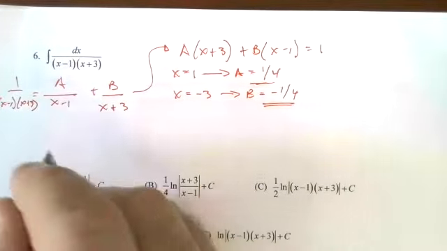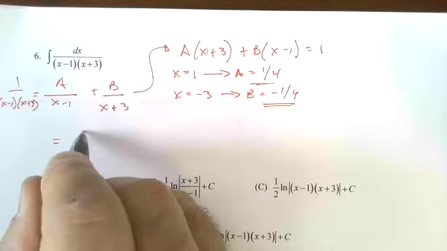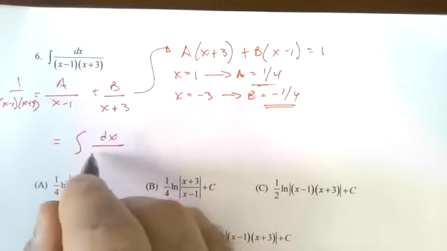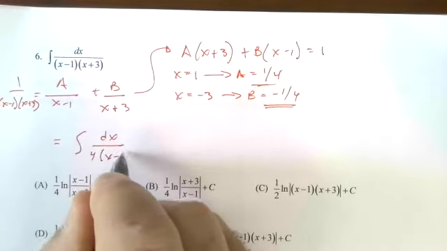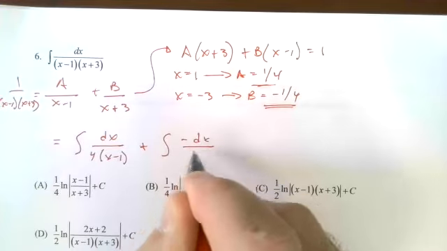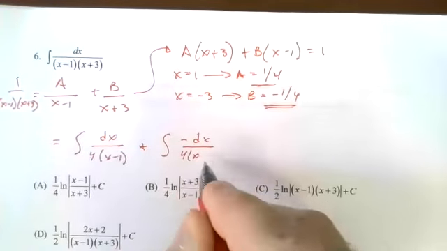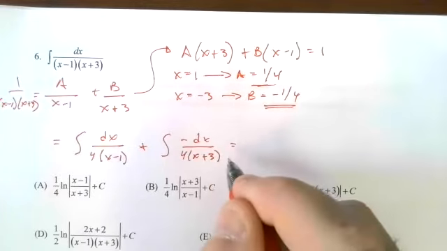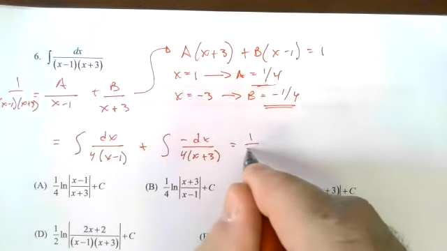So we rewrite this integral as the integral of dx, 1/4 over x minus 1, plus the integral of negative dx over 4 times x plus 3. All righty, we get a 1/4.